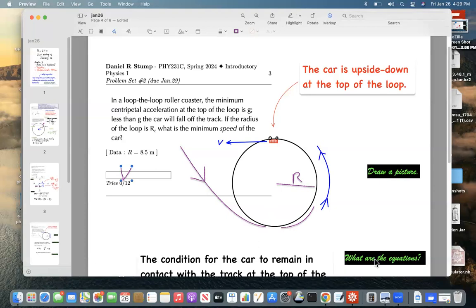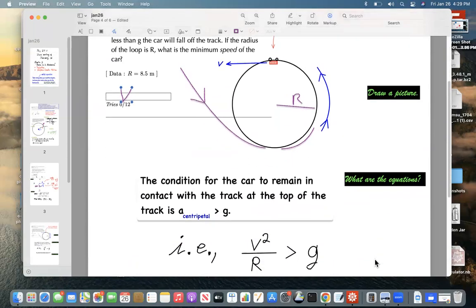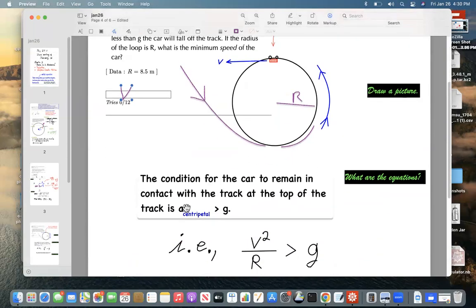So there's the picture. What are the equations? Well, it involves centripetal acceleration. So the main equation is going to be the equation for centripetal acceleration. The centripetal acceleration is v squared divided by r. That's one of the equations you've written down in your notebook from reading the chapter.